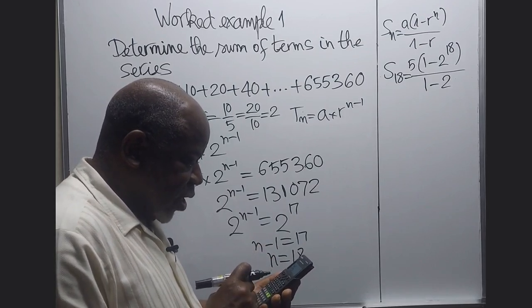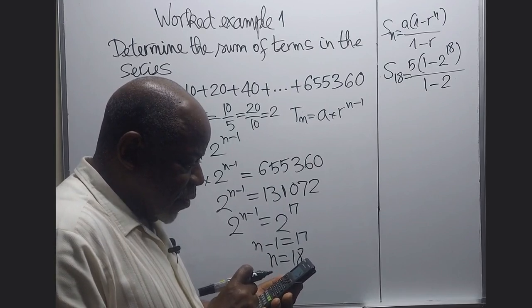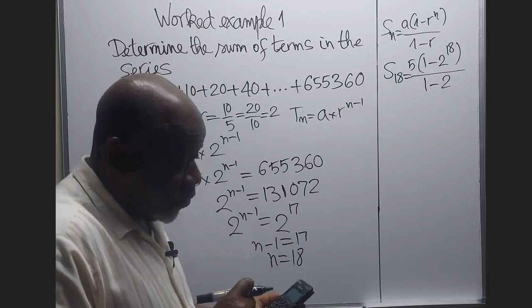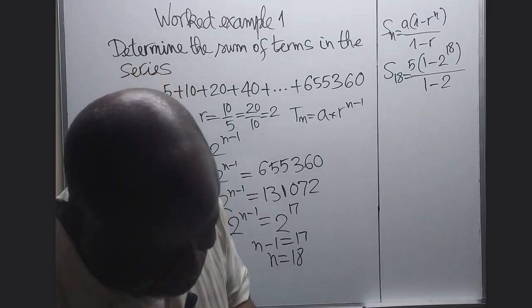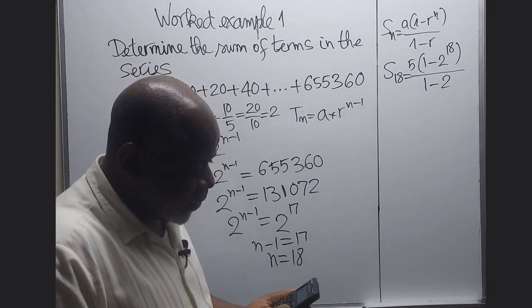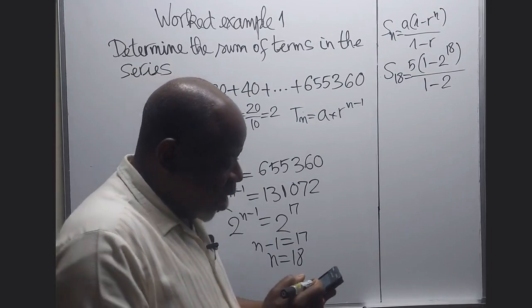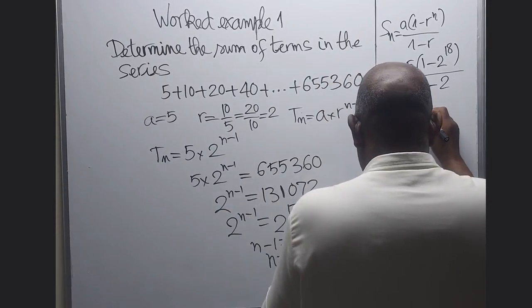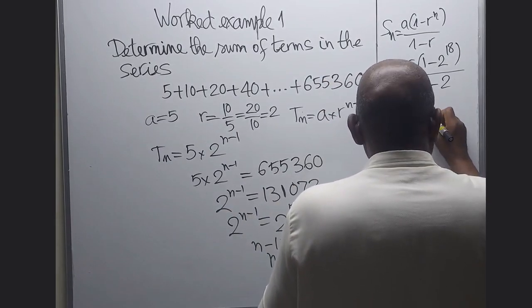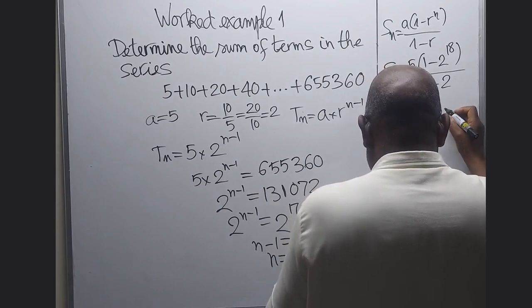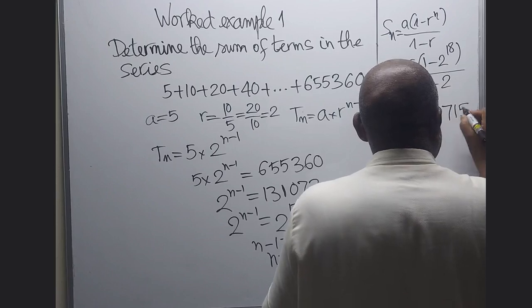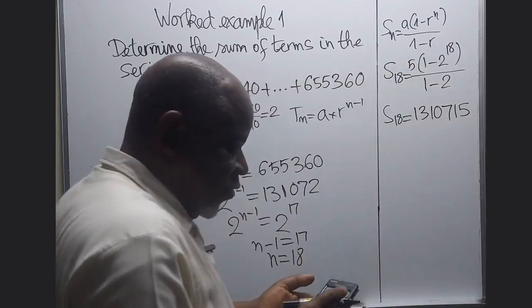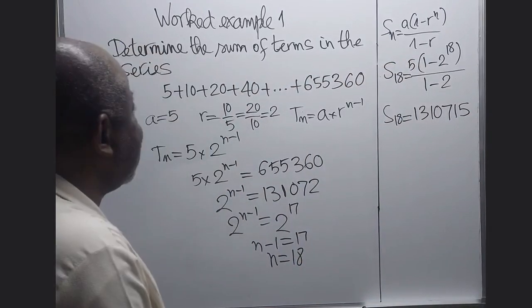And our final answer is 1 million. Let me write the answer. S18 is equal to 1,310,715. This is our sum.